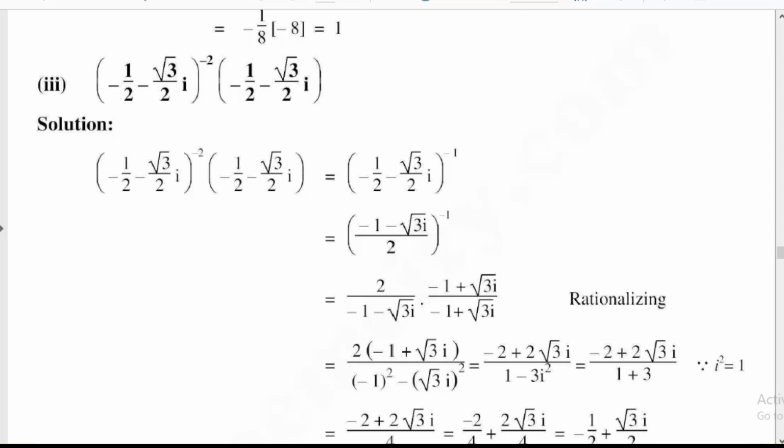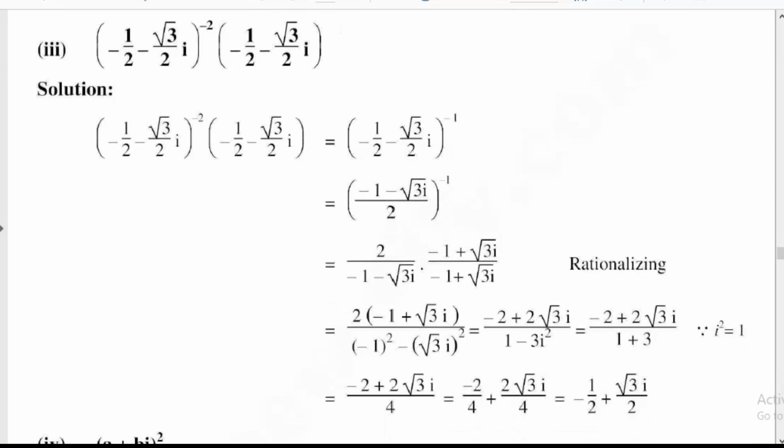So 2 plus 2 under root of 3 iota. So minus 2 plus 2 under root of 3 iota divided by 1 minus 3 iota square, which is equal to minus 1. So minus 1 into minus 3 equal to plus 3. So 1 plus 3. So numerator form, that is minus 2 plus 2 under root of 3 iota divided by 1 plus 3 is equal to 4.